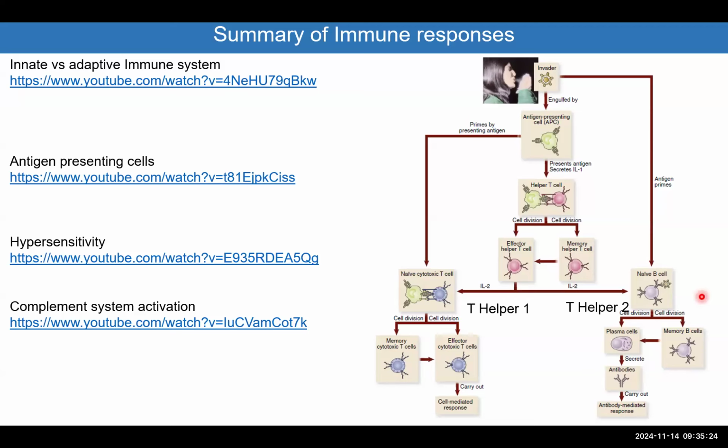Now, the process takes around 7 to 10 days. That's why when you get a viral infection, you need 7 to 10 days to recover, because the process of taking that virus, processing it down, and choosing a particular part of that virus that is really specific to that virus, but not any other viruses, by the antigen presenting cell, and then dividing of that cell and going to educate the cytotoxic T cells and the naive B cells, takes around 7 to 10 days.